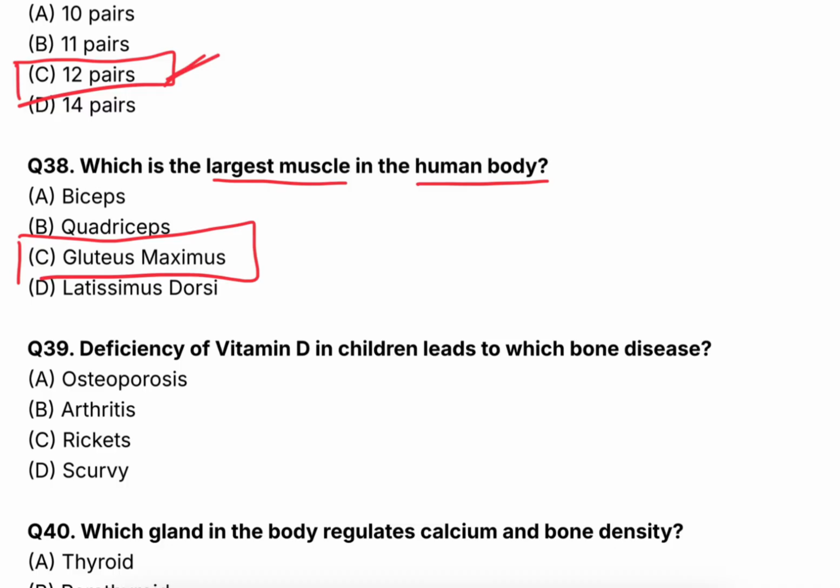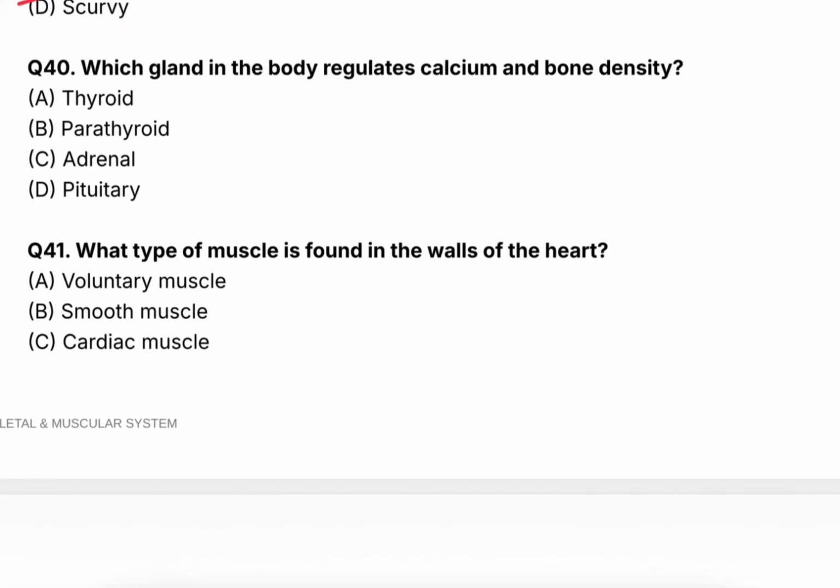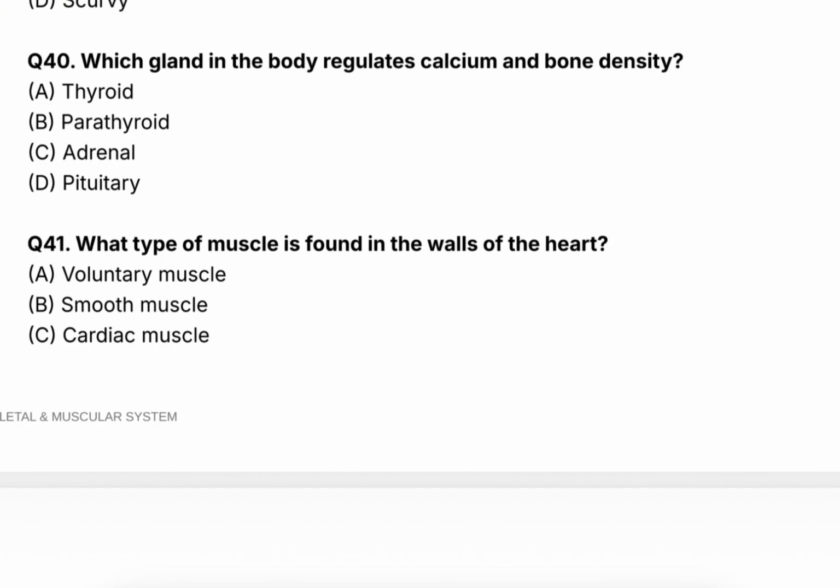Gluteus maximus. Deficiency of vitamin D in children leads to which bone disease? It is rickets.